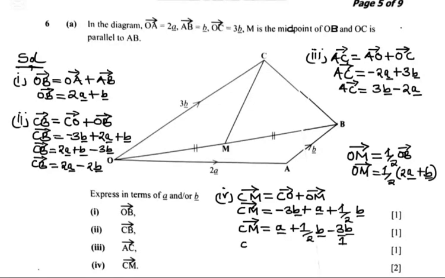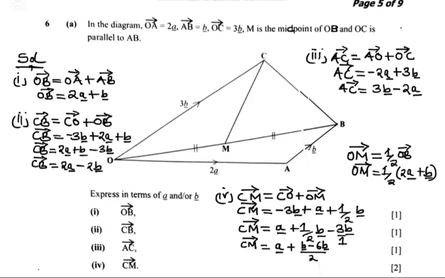So CM vector is going to equal A, since we are maintaining a vector, then plus the common denominator for the two fractions, which will be 2, and then we divide 2 into 2, that gives 1. 1 times 1B gives a B vector here, then minus 1 into 2, that gives 2. 2 times 3B gives 6B.